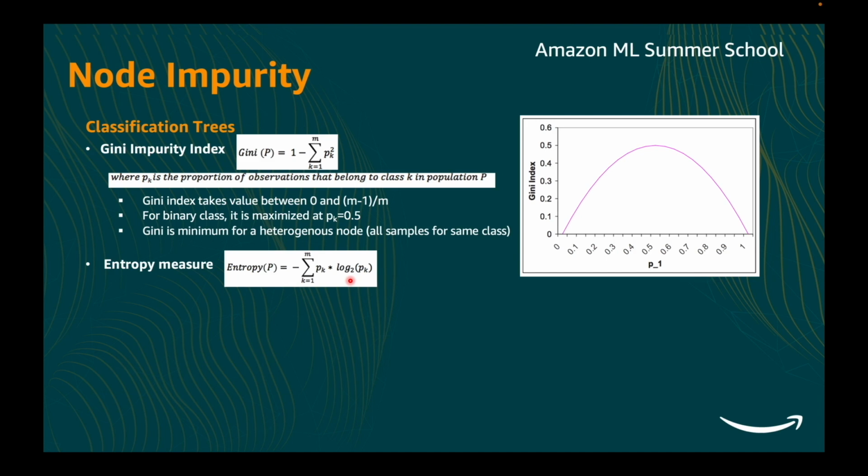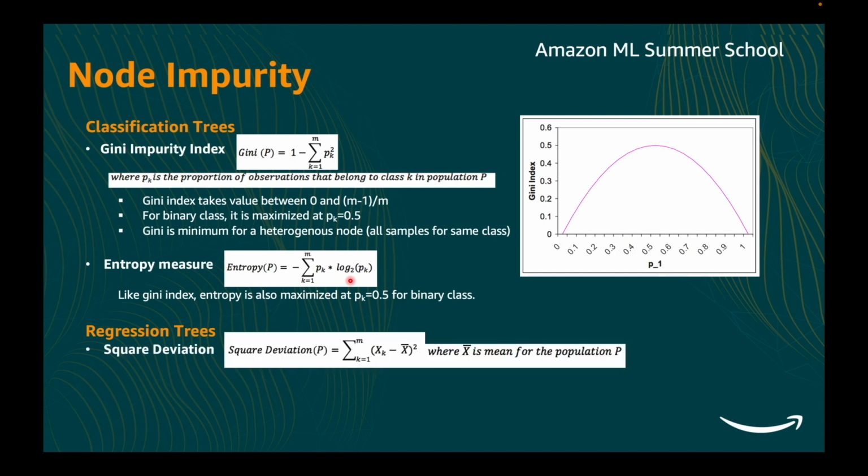This is used to, like I mentioned before, determine how do I actually split these, and which is the best split. So these are for classification trees. For regression trees, you can use a square deviation, which is basically you take each value, you subtract the mean, you square it, and you calculate this. This is basically your mean squared error, right? And you do this for each node very similarly to how you calculate your Gini impurity.